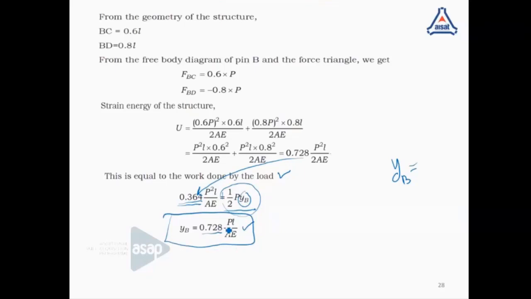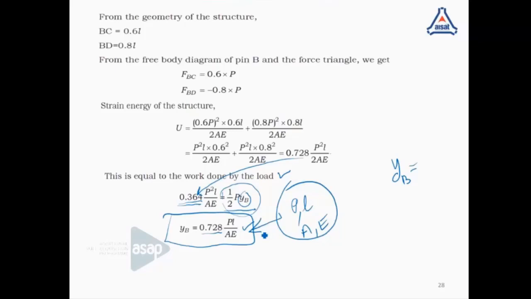If the numeric values are given, we can substitute P, L, A, E, and you will get the correct value of the deflection. This is how we solve problems using the strain energy method.